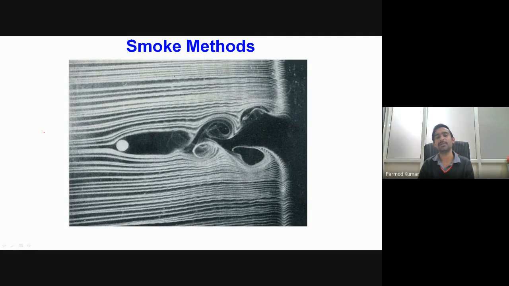However, in this smoke method, we may have one disadvantage: we may have certain spots close to the wall or in some other locations where our smoke particles will not be able to reach. So because of that, we will not be able to resolve the intricate flow fields. Okay.